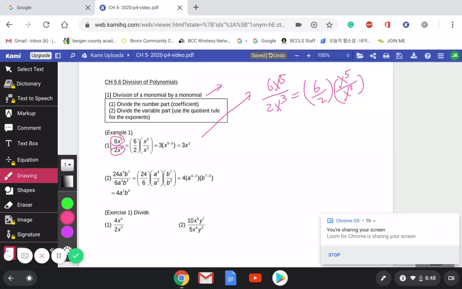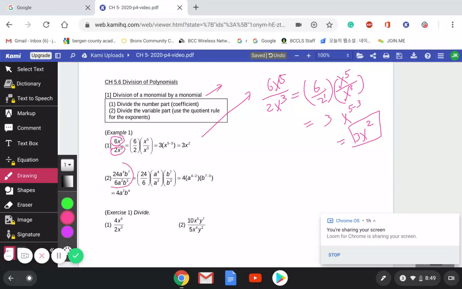Then you apply the quotient rule if you have the same base. That's what we learned at the beginning of chapter 5. So that becomes 3, because 6 divided by 2 is 3. And because you have the same base, you subtract the exponents. So you end up with 3x squared. So the key was to group them by same base.